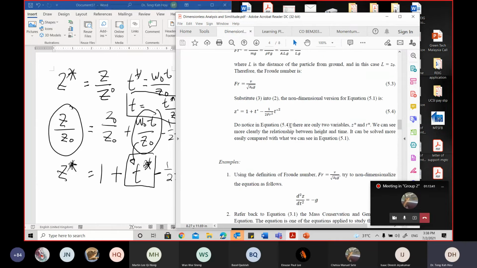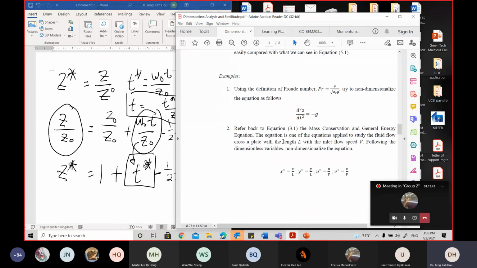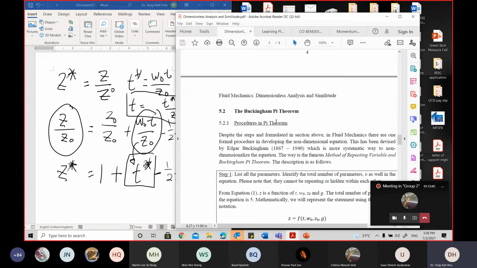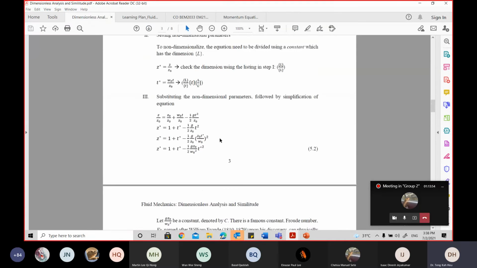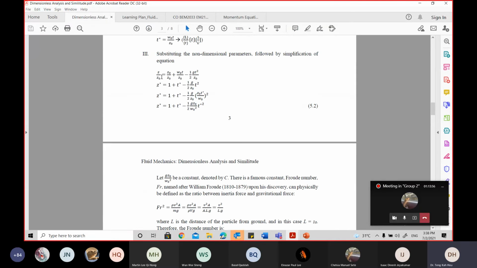So we have another method, the so-called Buckingham Pi theorem. I'm going to introduce and teach you how to do it in the next class. Okay? So is that okay for these things? Should be okay, right, class?